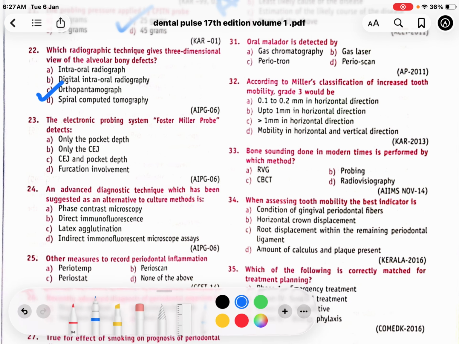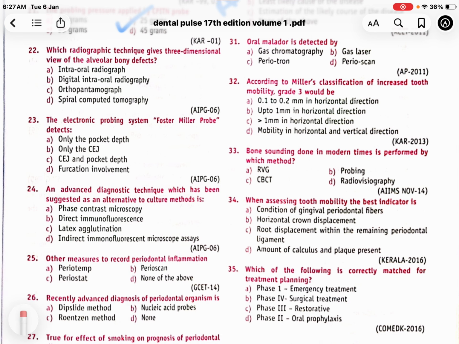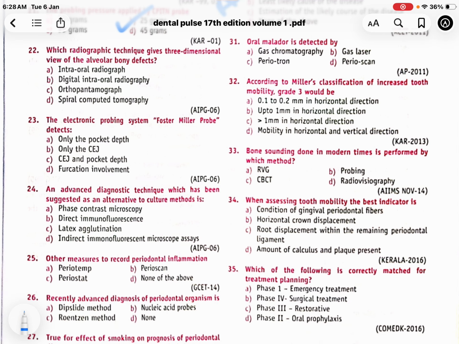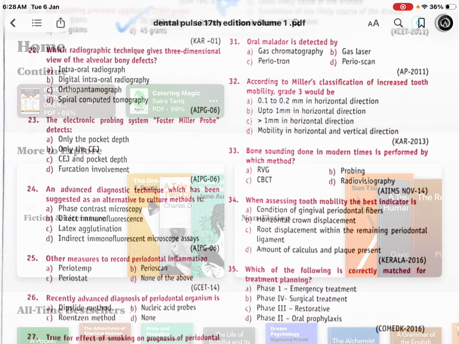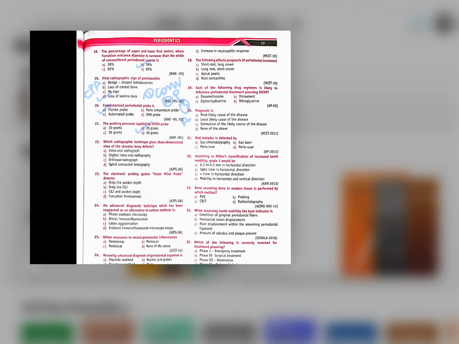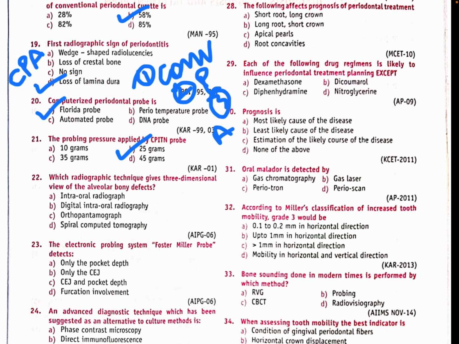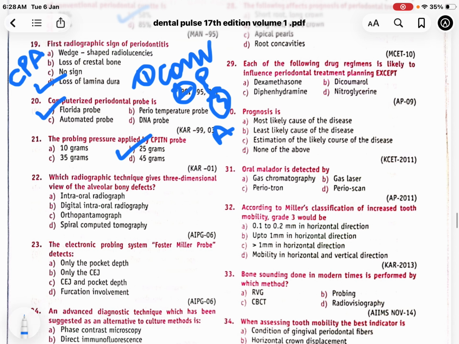Wait. So it's a spiral computed tomography. Okay, spiral computed tomography. So it's a spiral computed tomography. Okay.